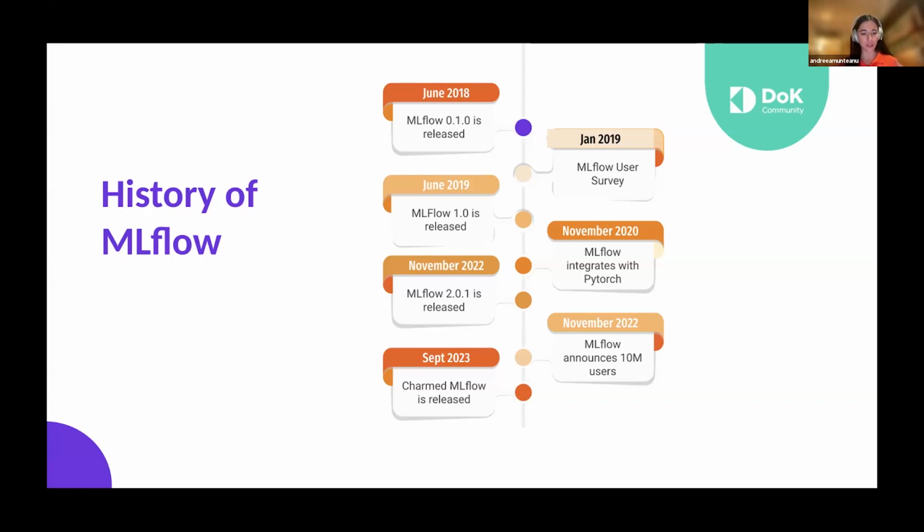I think there is a huge step, because the educational system understood that artificial intelligence and machine learning is here to stay. And then this number of users just confirms it. Last but not least, in September this year, Canonical released its own distribution, Charmed MLFlow.